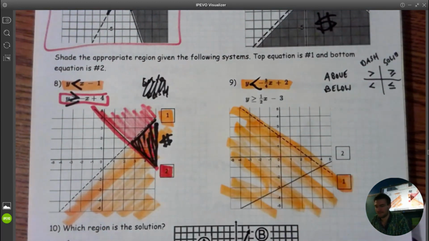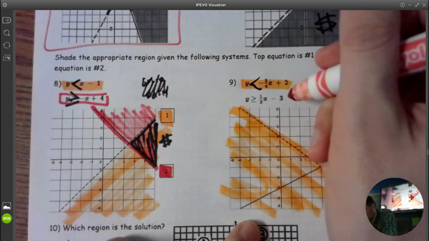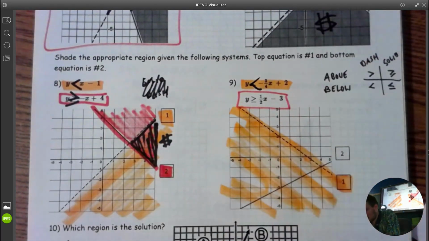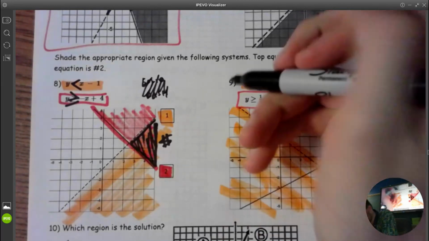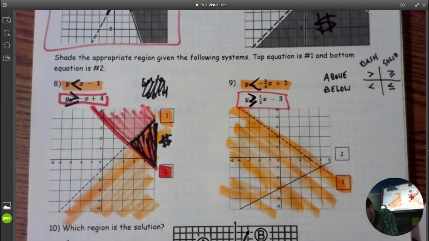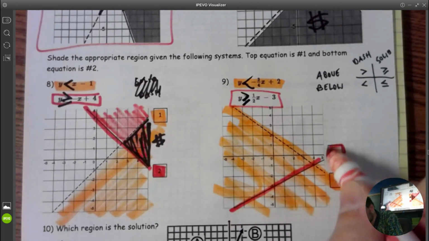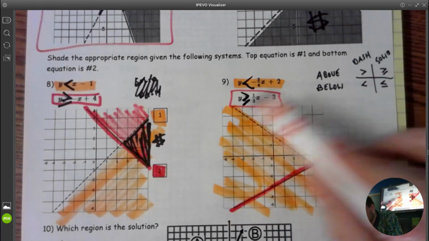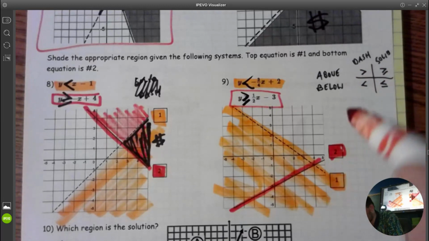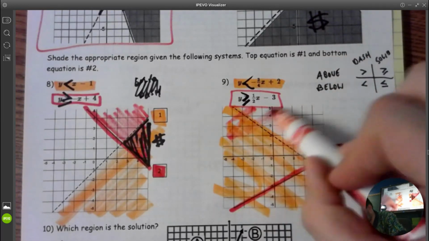Doesn't have to be perfect. And then I'm going to be looking at the second one, which is a greater than or equal to. And so line 2 needs to be greater than, which I see right here. That is an above coloring. So I'm going to color this.